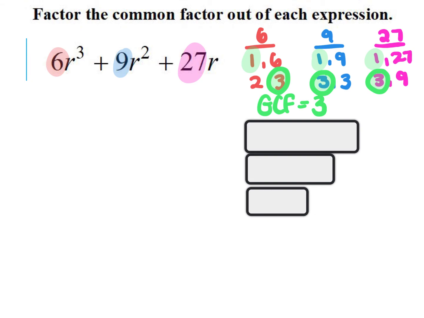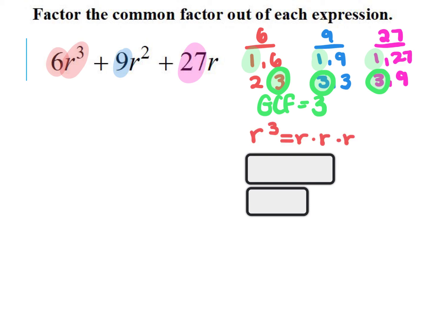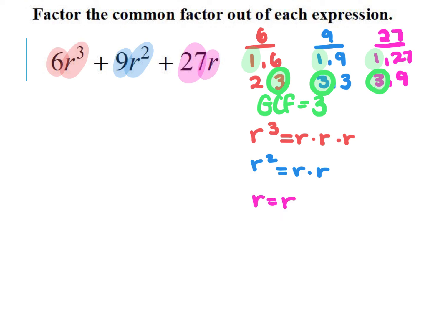Then I'm listing it for the variables. So for r to the third, we know that means there's really 3 r's. For r squared, we know that means there's really 2 r's. And just r means there's really just a single r. Now if I'm looking for what's in common, the only thing that's the same for all of them is this r.